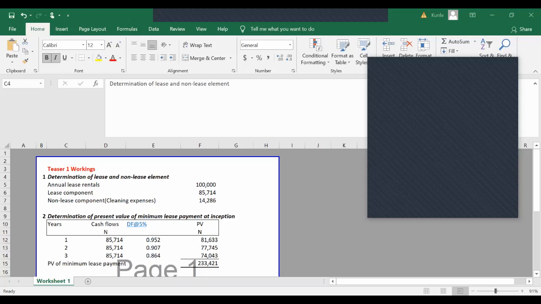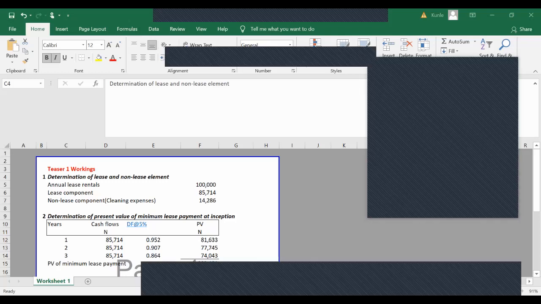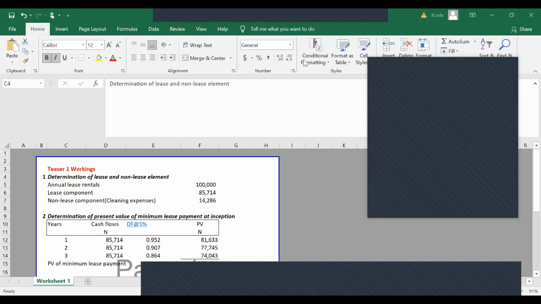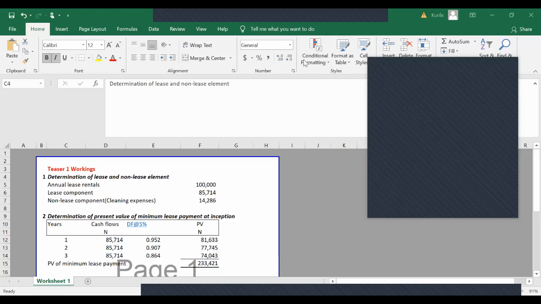So what is the approach we will adopt in making this appropriate reporting? The very first thing is that, had the rental component and the non-rental component been given in the question, we would not need to do this stage one, right?